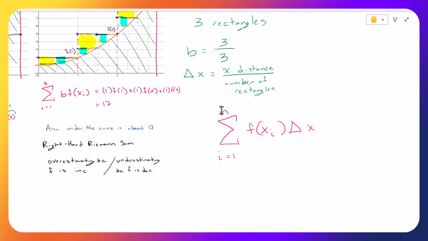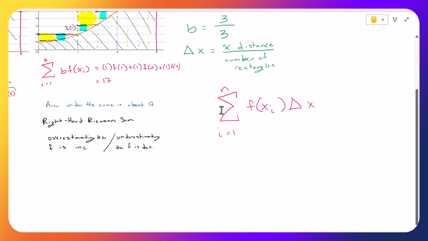Well, we're going to end up making infinite rectangles, but we can't actually go to infinity. But what we can do is say, let's take the limit as our number of rectangles approaches infinity of our summation.